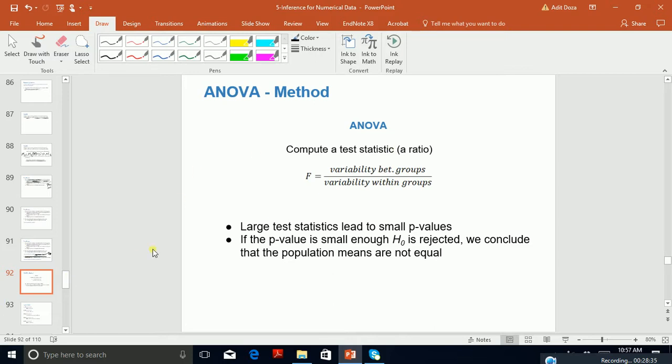So if we are trying to construct the ANOVA, first, in the numerator is the variability between groups, so the variability between different sections, right? And in the denominator is the variability within groups, so the variability within the students.